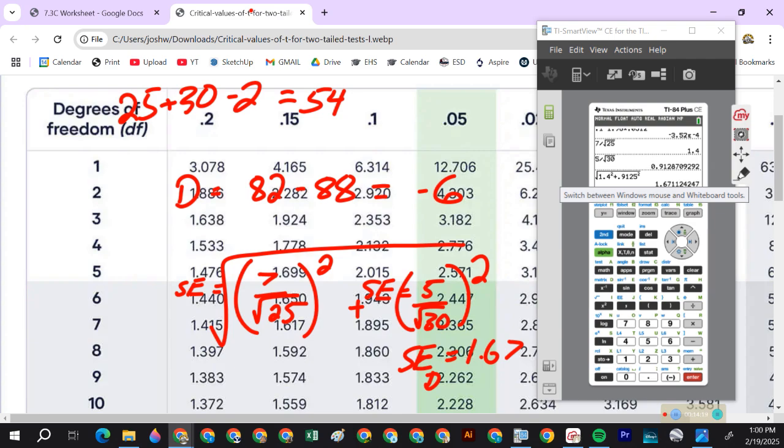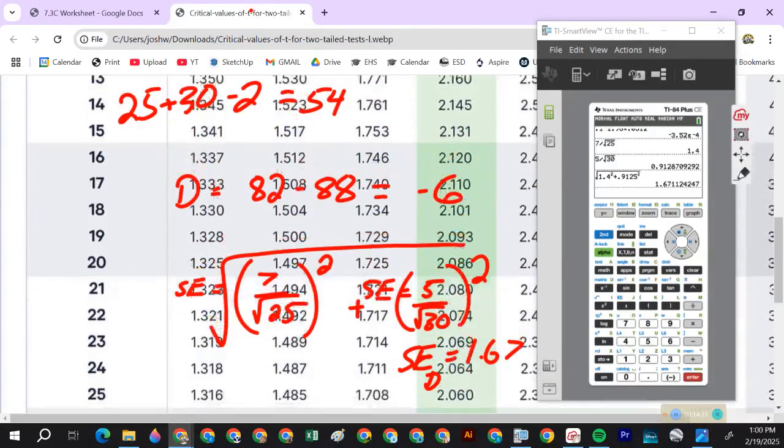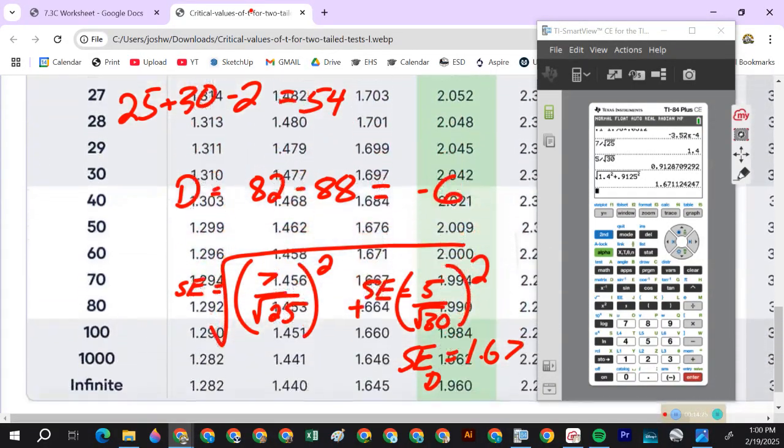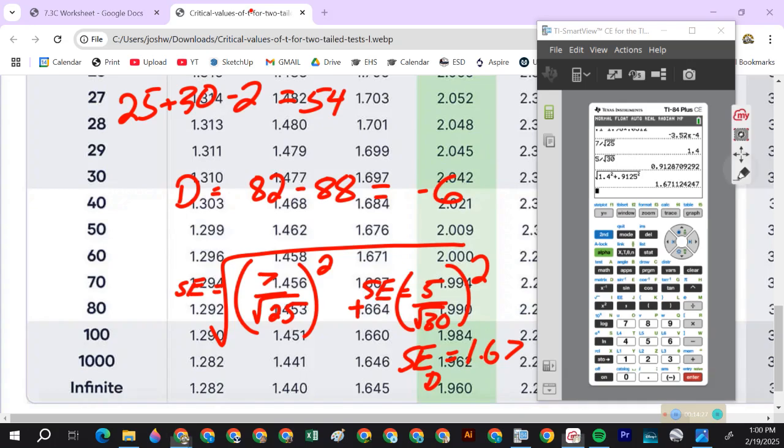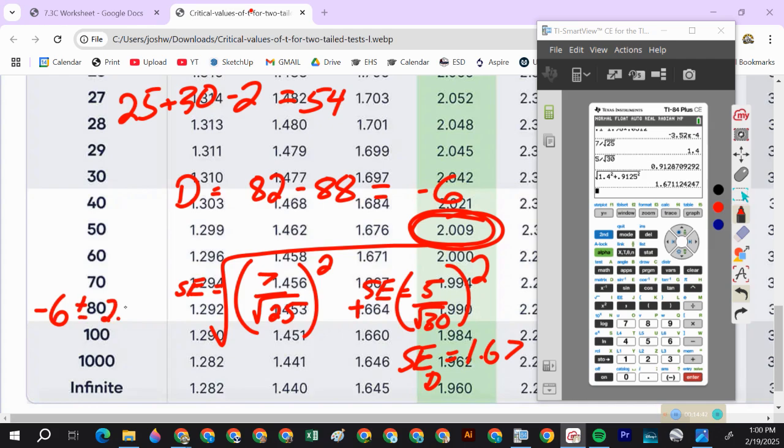So we're going to look at column 0.05 and row 50. And we get this value right here. That is our t-score. So we're going to take our actual difference, which is -6, plus or minus our t-score, 2.009, times our standard error for difference, 1.67.